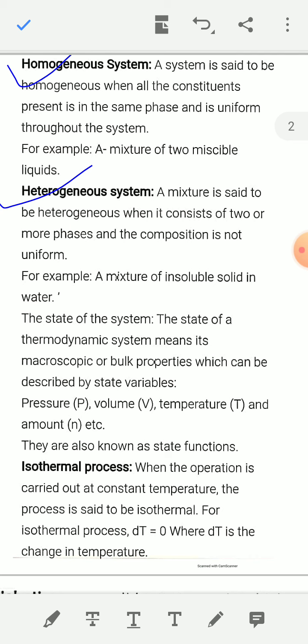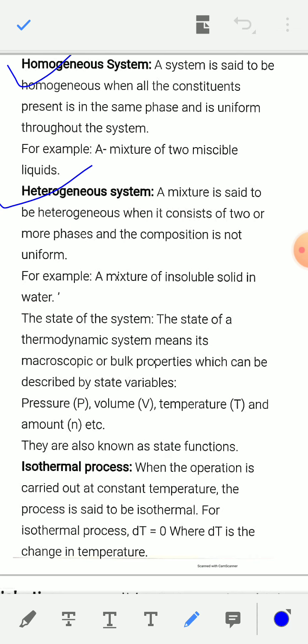Now, state function or state of a system. The state of a thermodynamic system means its microscopic or macroscopic properties. Macroscopic properties means the pressure of the system, volume of the system, temperature of the system, that is, measurable properties.